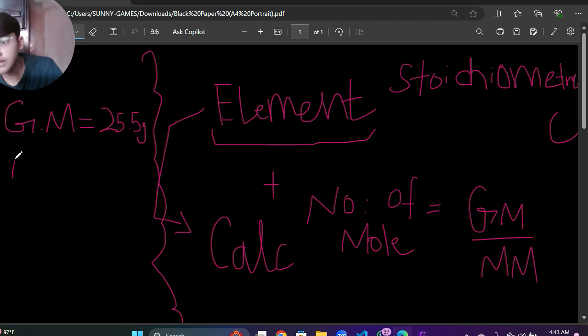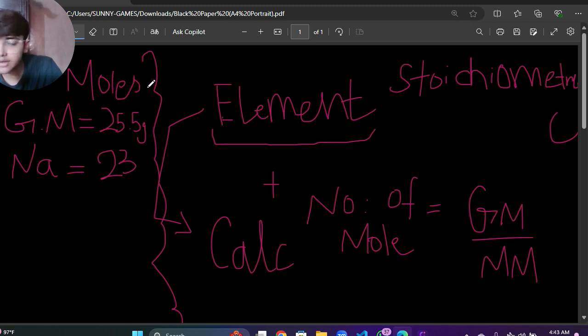Now, what is sodium? That is Na, and what is its atomic mass? If you remember it, the atomic mass of it is 23, and I have to find the number of moles here. So what I will do is put the values in the formula and have my answer. How to do that? Number of moles is equal to given mass upon molecular mass.